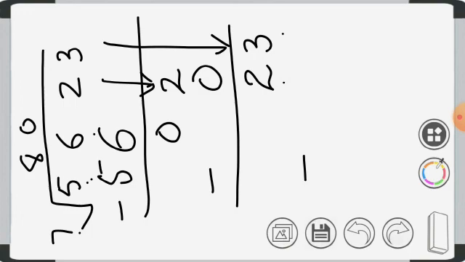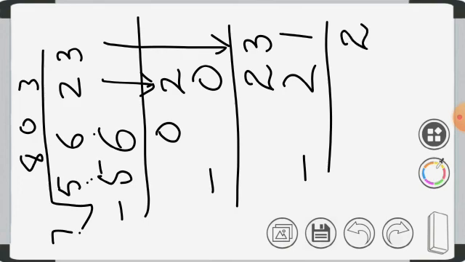Now we have to divide 23 by 7. Any number that is less than or equal to 23? 7 3s are 21. 23 minus 21? Yes, 2. 2 is the remainder. We will write the answer as 803 with remainder 2.